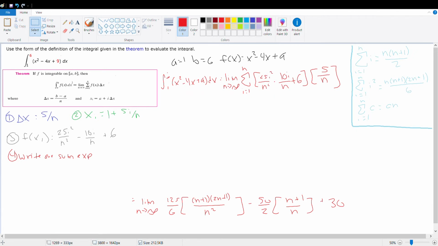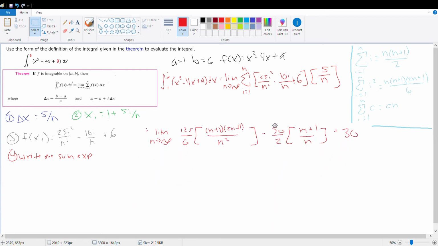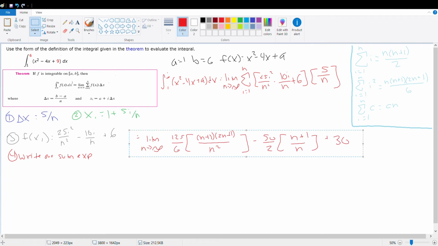There we go. I'm going to bring this guy up here. Okay. So this is going to involve a little bit of simplification again, and distributing and whatnot.